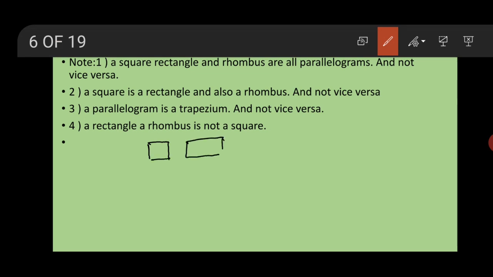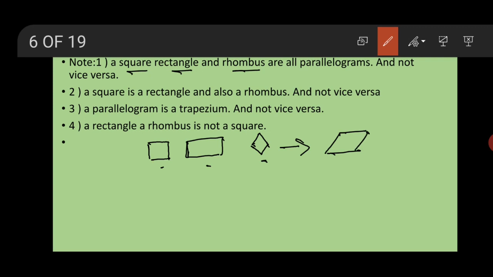Then take one rectangle and one rhombus. These are all what? A square, rectangle and rhombus. These are all parallelograms.